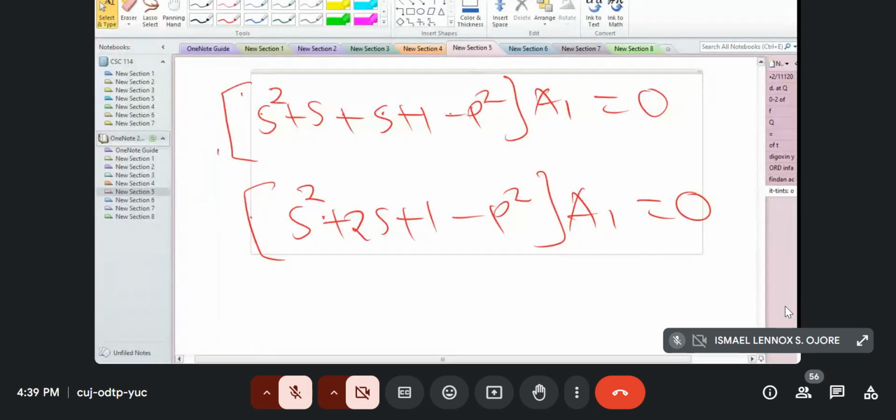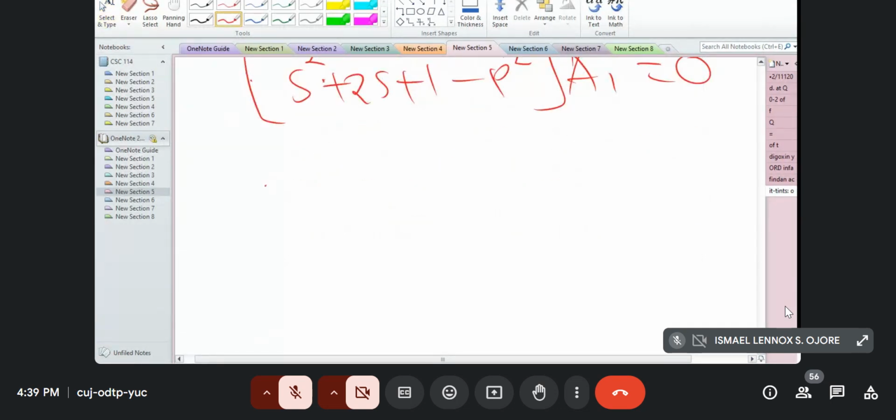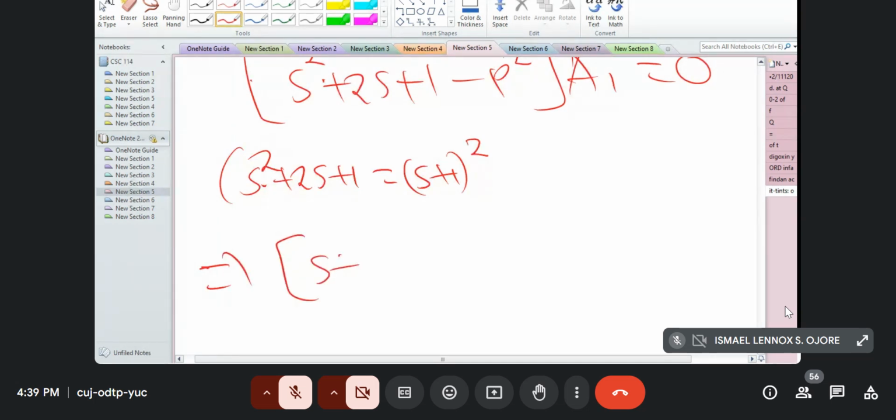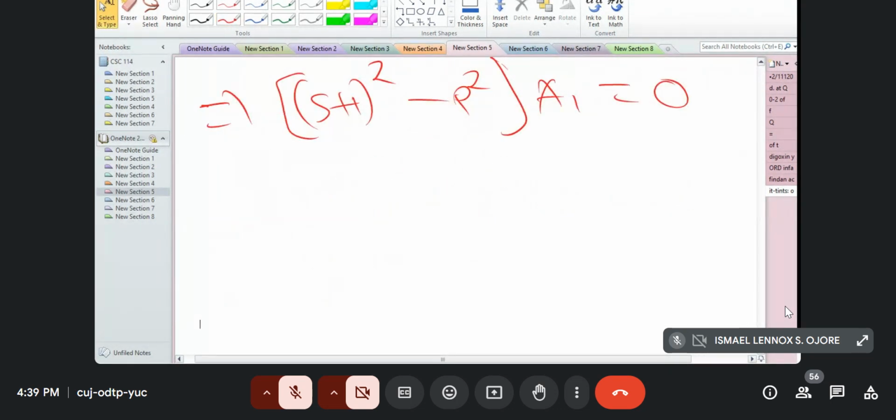How can we write s squared plus 2s plus 1? It is s plus 1 squared. So this implies s plus 1 squared minus p squared times a1 is equal to 0. Again, we have a form that mimics a difference of two squares.